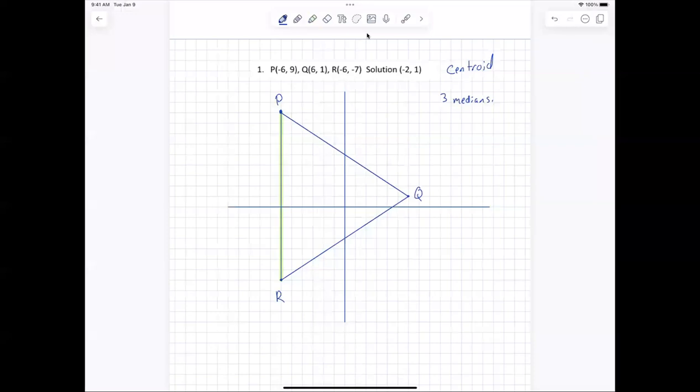So it'd be 0 what? I'm doing the midpoint of PQ. 0, 5, right? 0, 5.